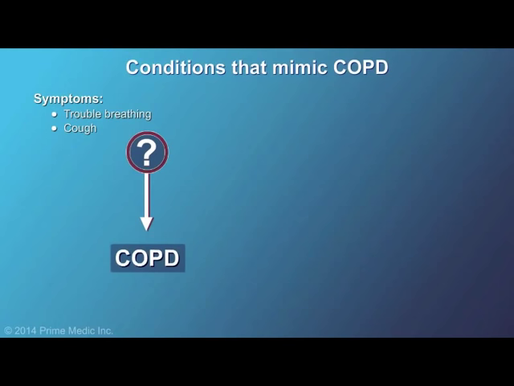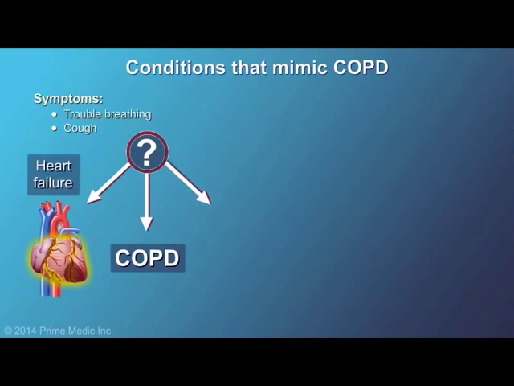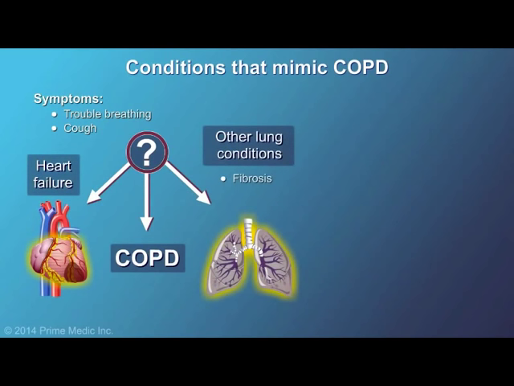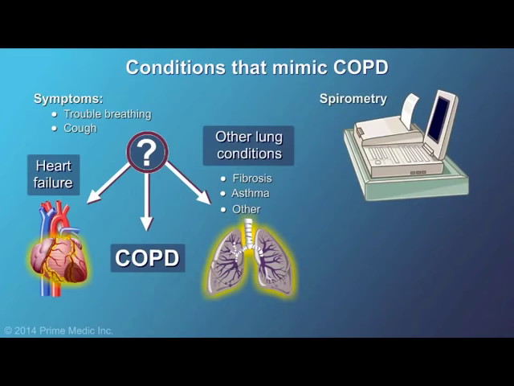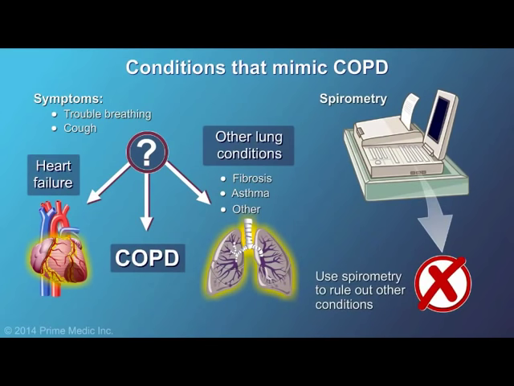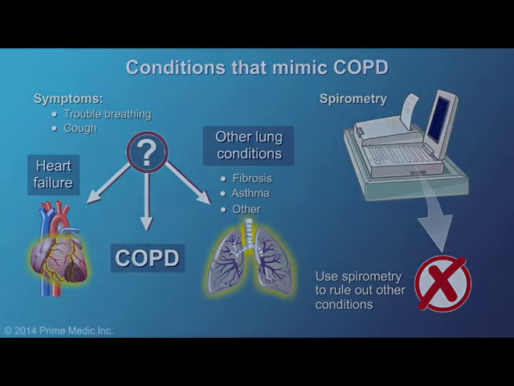People who have trouble breathing and have a cough may have COPD, but they may have other conditions like heart failure, scarring of the lungs, called fibrosis, asthma, or other breathing problems instead of COPD. This is why it is essential for you to get a breathing test, called spirometry, to be sure that your symptoms are due to COPD and not because of another condition.